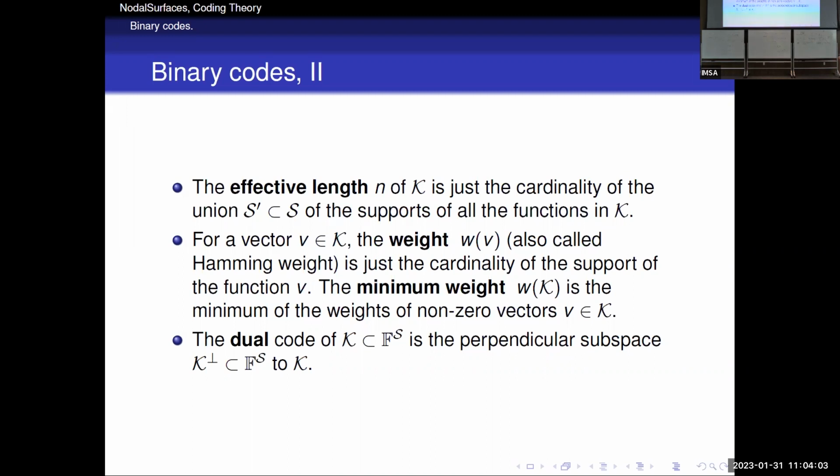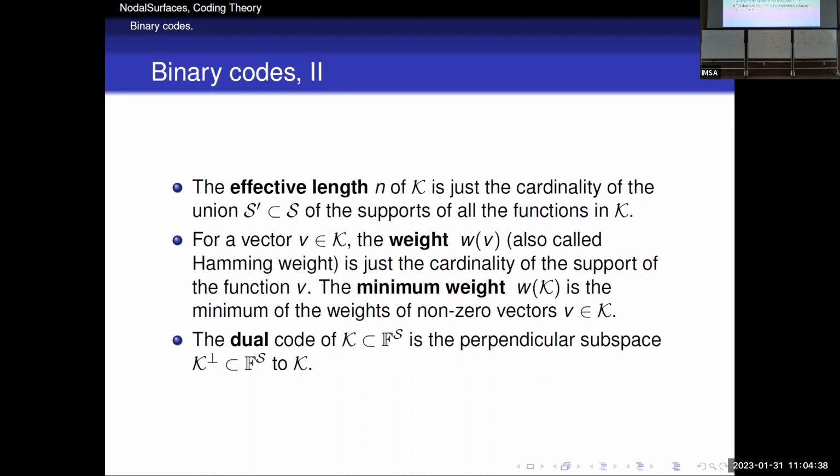So these are characteristic functions of a set, and in fact, the addition of vectors corresponds to the symmetric difference of sets. And the minimum weight is the minimum of the weights, and the dual code, which is very important, is the perpendicular subspace to K. There is a natural scalar product on the functions defined on S, and so there is a dual code.